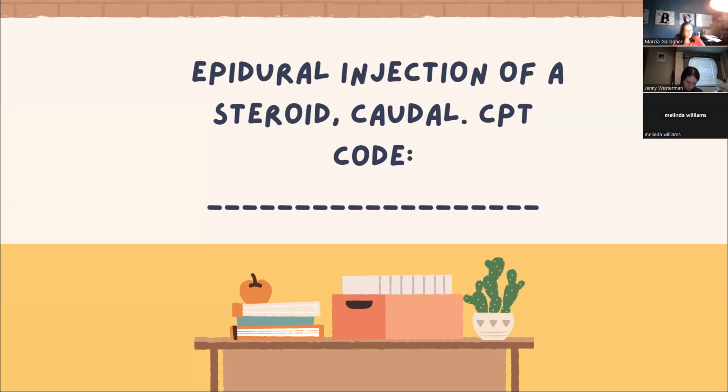So caudal is your spinal cord. And it's an epidural, so it's anesthetic. So let me know what you find, Jenny. Melinda, you can pipe in too if you found something first. Not meaning to leave you out, but I know the baby's in the background and you're worried about that.